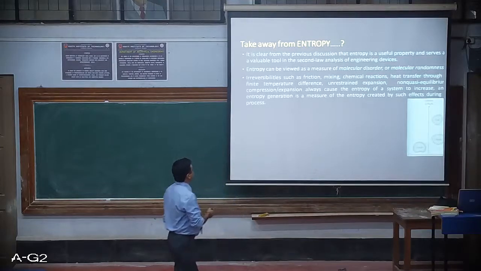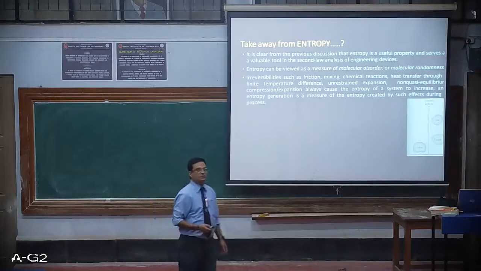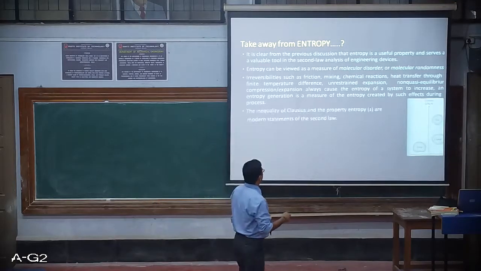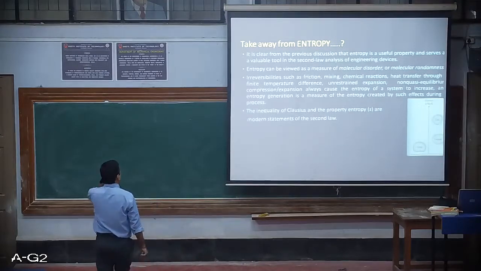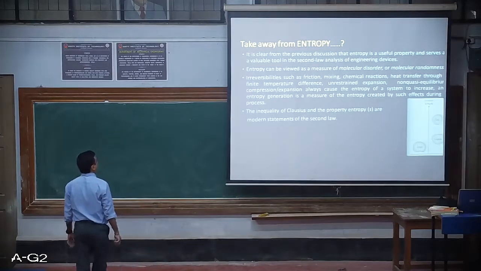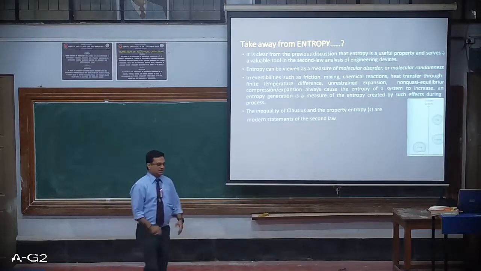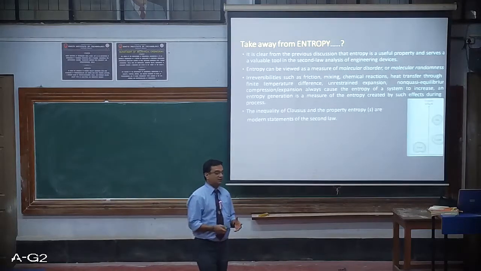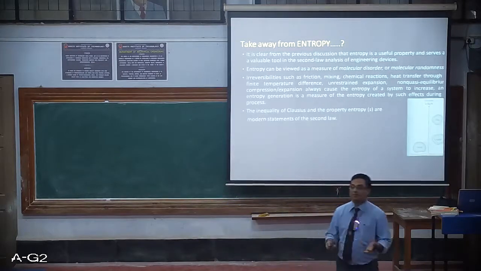So entropy generation is a measure of the entropy created by such effects during a process. This is another outcome. Now the inequality of Clausius and the property entropy are modern statements of the second law. These are the outcomes of defining the second law, the byproducts you can say.